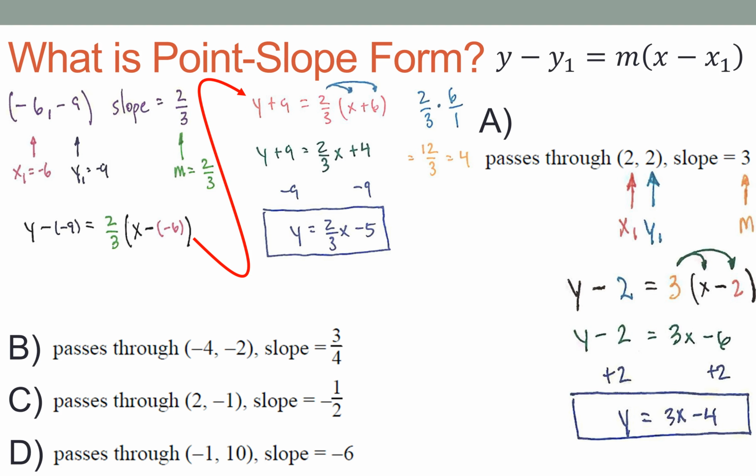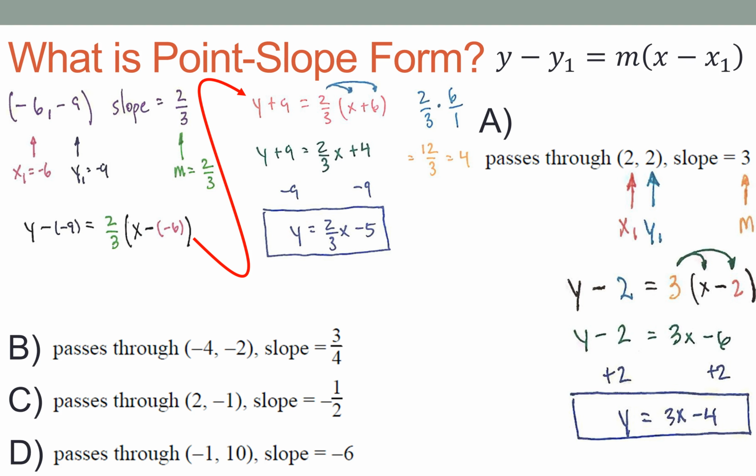This is extremely important and allows you to solve B, C, and D, which give you the point and the slope to use in our point slope equation to find our line in slope intercept form. Example B passes through the point negative 4 comma negative 2 and has a slope of 3/4. Example C passes through 2 comma negative 1 and a slope of negative 1/2.